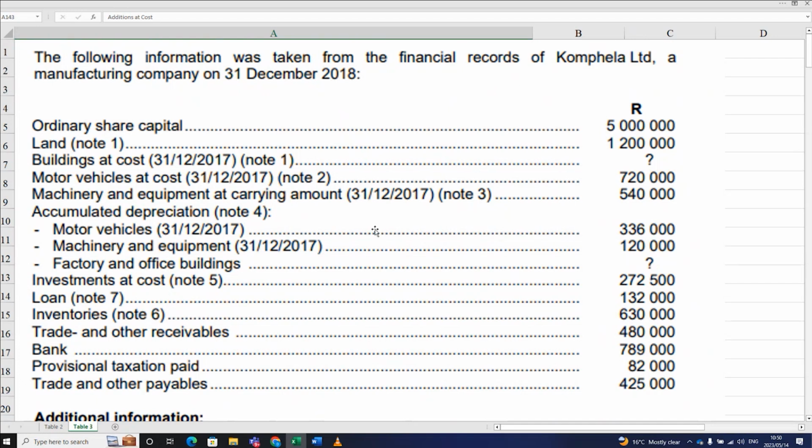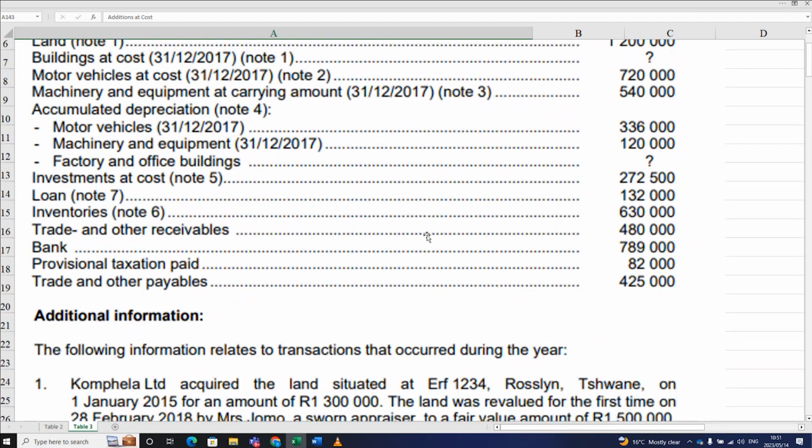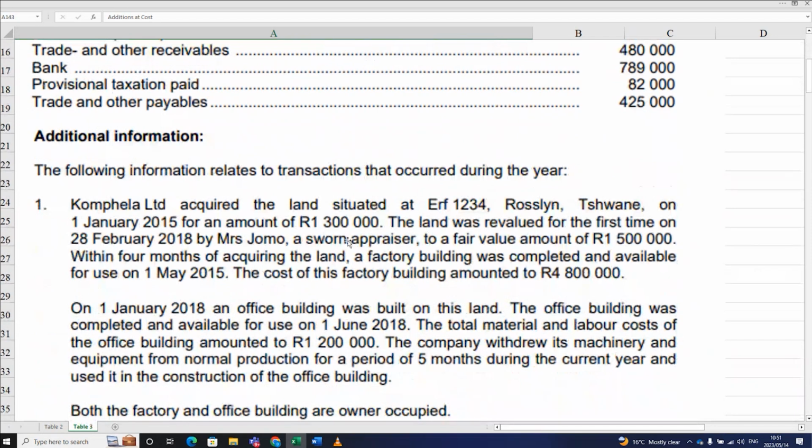Some transactions have not been accounted for, hence they give you some carrying amounts from before the start of the year, and you need to factor that in via the additional information.